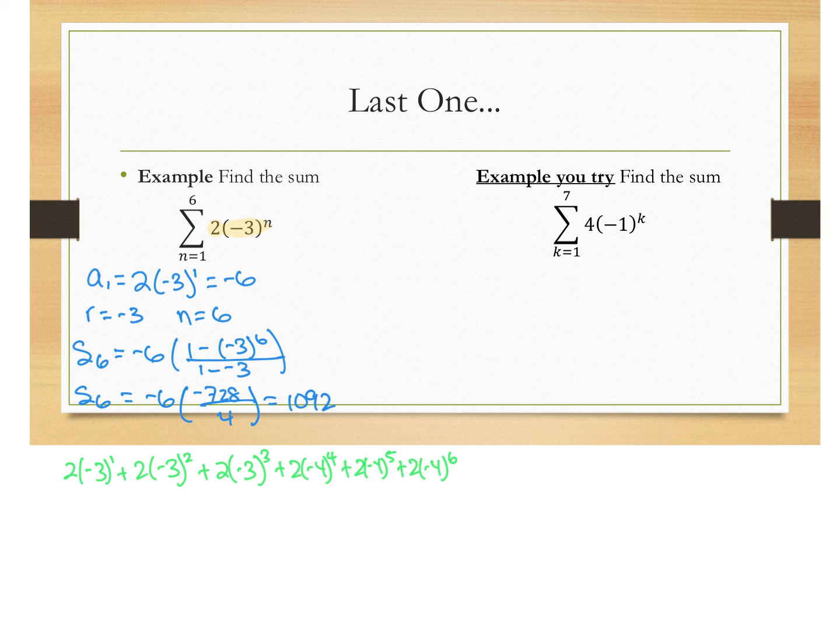Whoopsies. So as you can see, when we simplify and add, we do get the same answer. So unless the problem explicitly says use the sum formula, you can work this type of problem out in this manner. I want you to take a second and try the example you try.